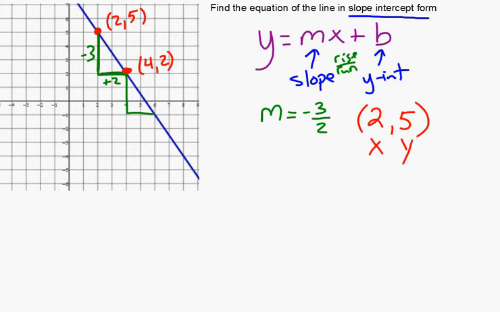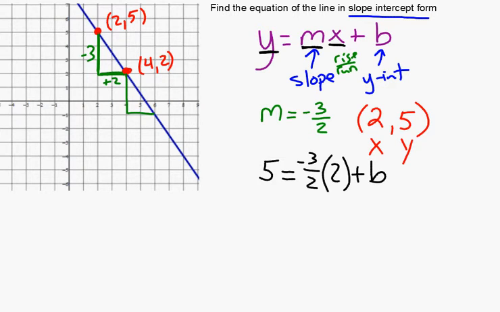So if I look up here, I have an m value right there. I have an x and I have a y. I need to plug them all in and solve for b. So start putting things where they go. The 5 is the y value. It equals the slope, negative 3 halves, times the x value, which for us is 2, plus b.